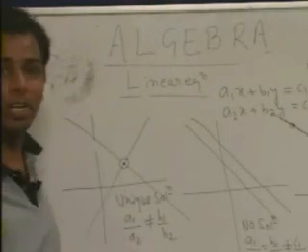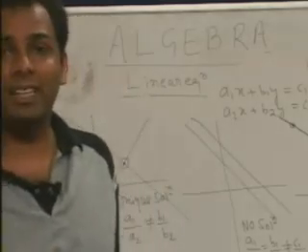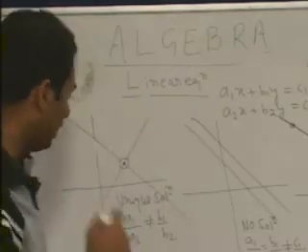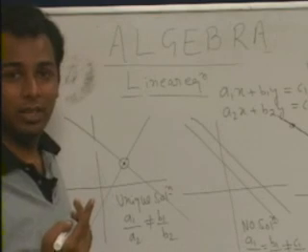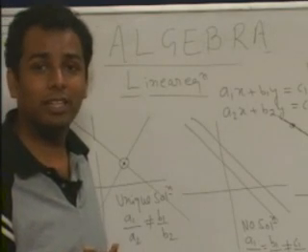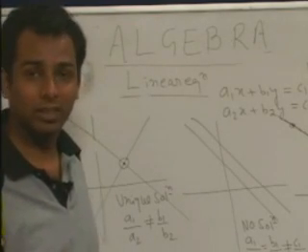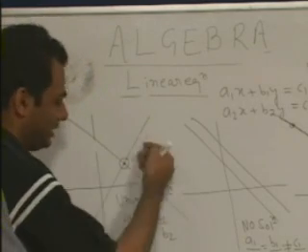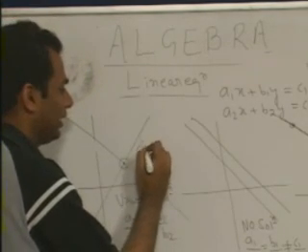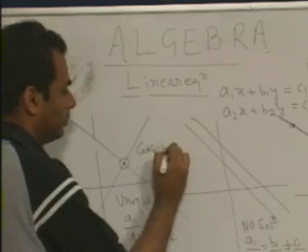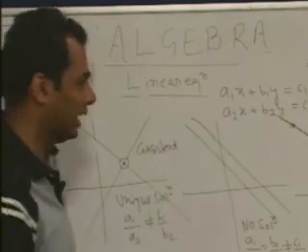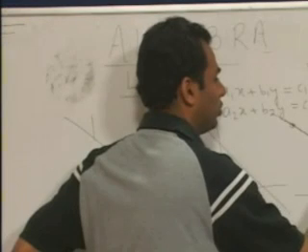And there is one more term, consistent and inconsistent. Now, if the equation has at least one solution, then it is known as consistent equations. So for example, the case of unique solution is consistent. Okay. Even the case of infinite solution is also consistent.